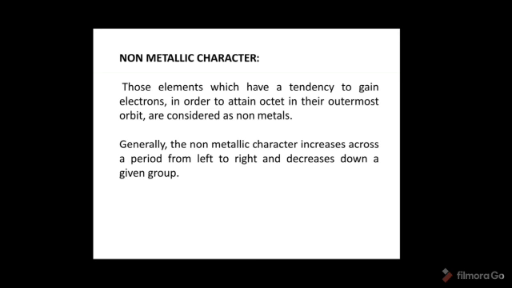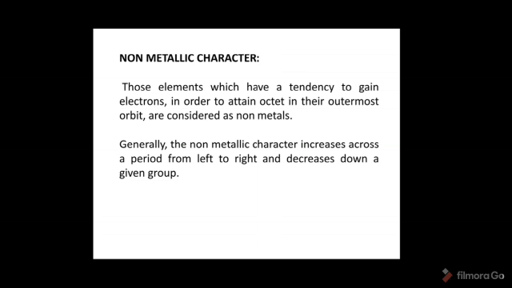Non-metallic character. Those elements which have a tendency to gain electrons in order to attain an octet in their outermost orbit are considered as non-metals. This non-metallic characteristic generally increases across the period from left to right and decreases down a given group.